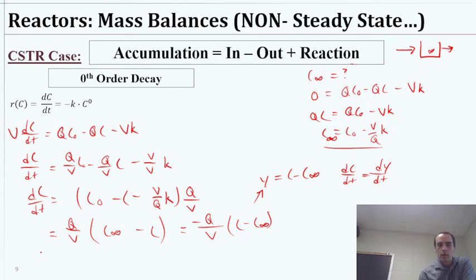So here, then we could say dY/dt is equal to negative Q over V times Y. So we do dY divided by Y equals negative Q over V dt. And we can integrate.